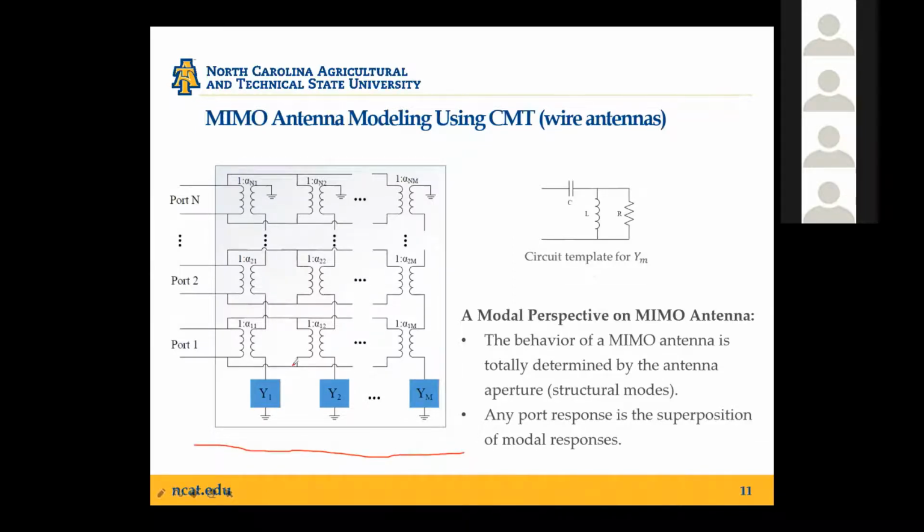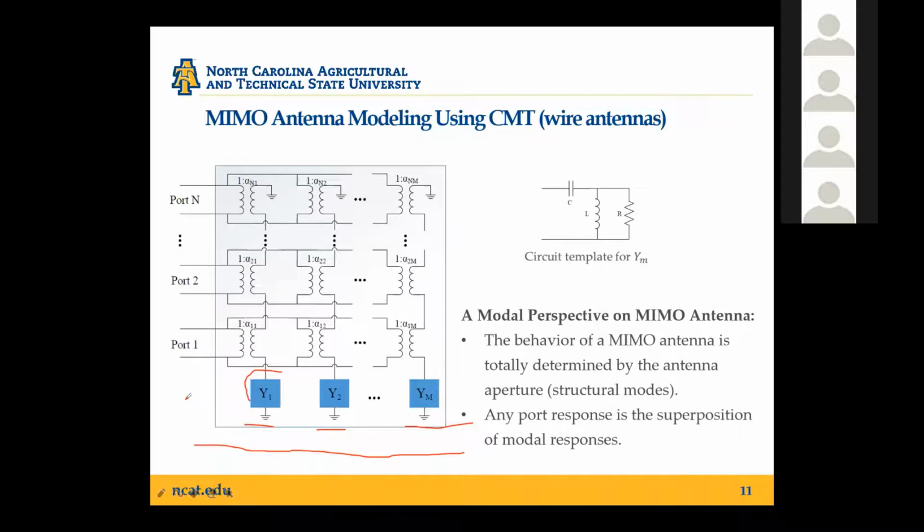On one end of the transformer bank are the individual model admittances. On the other end are the physical ports you are observing on the multi-port antenna. If you look at this circuit model, it essentially says that any input response you observe on the antenna will be a transformation of your model responses, nothing else.